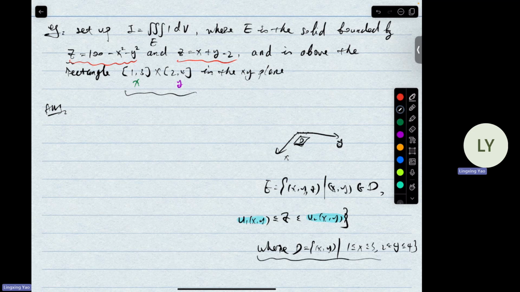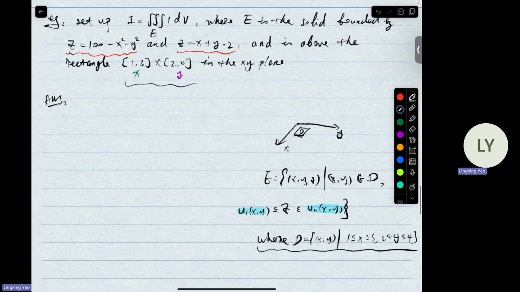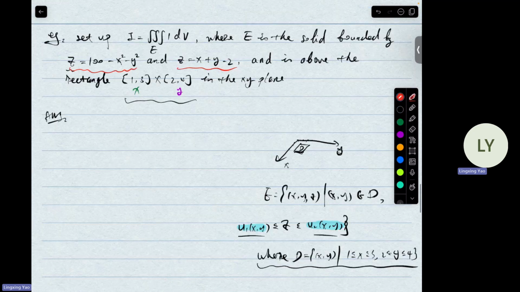Okay, so now we already have some rough idea what this D is. We already know that z is bounded by u1 and u2. Obviously, we have to solve for u1 and u2, or z, from those two surfaces. Which one is on top? Which one is below?